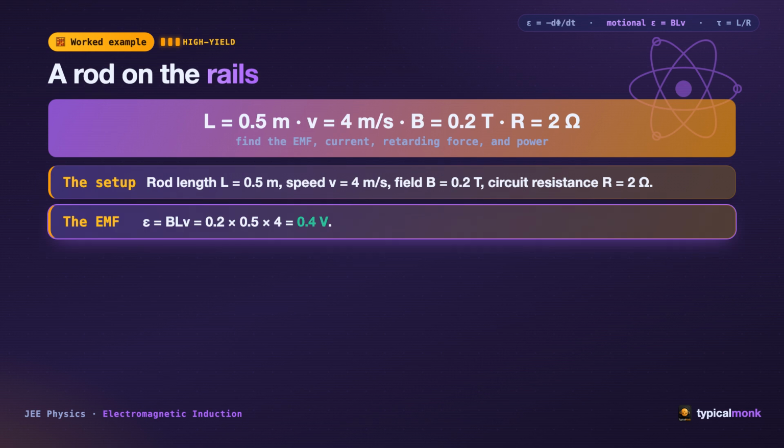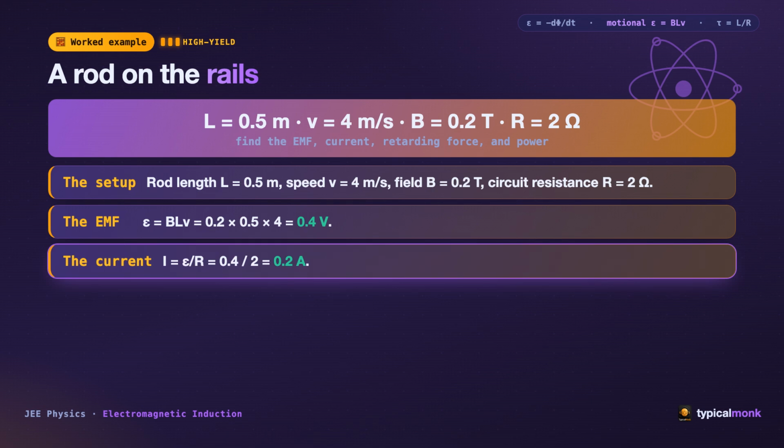The EMF equals BLv: 0.2 times 0.5 times 4, which is 0.4 volts. The current, I equals the EMF over R, 0.4 over 2, which is 0.2 amperes.